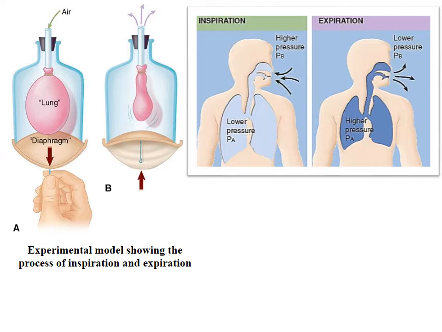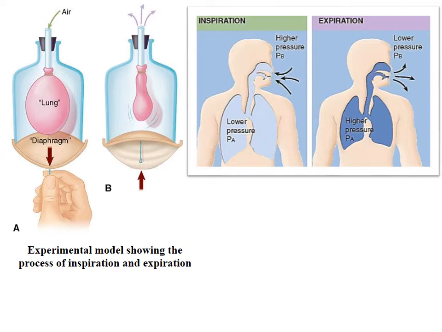So the first event during respiration is contraction of the diaphragm and the intercostal muscles, the external intercostal muscles. When these muscles contract, the thoracic volume increases. When thoracic volume increases, the pressure within the thoracic cavity decreases or falls. Then from the higher pressure outside, the air rushes into the thoracic cavity.